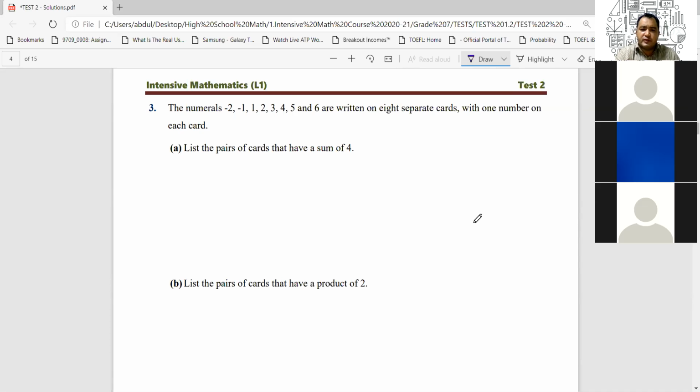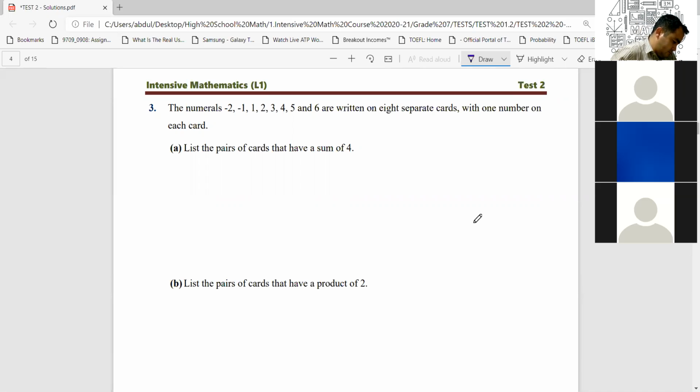Ibrahim, can you read question 3? Yes, I can. The numbers -2, -1, 1, 2, 3, 4, 5, and 6 are written on 8 separate cards with one number on each card.